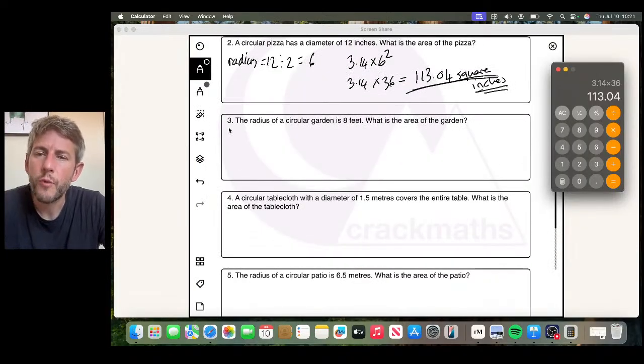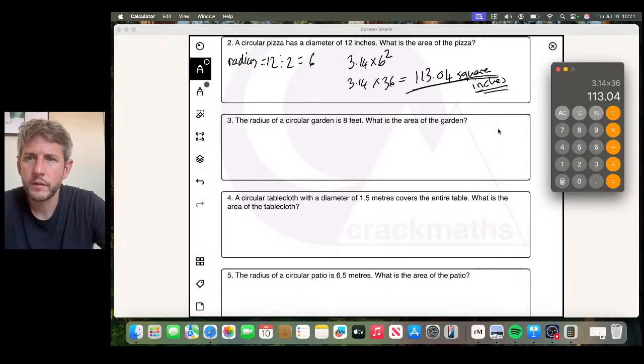Question 3. The radius of a circular garden is 8 feet. What is the area of the garden? Okay.